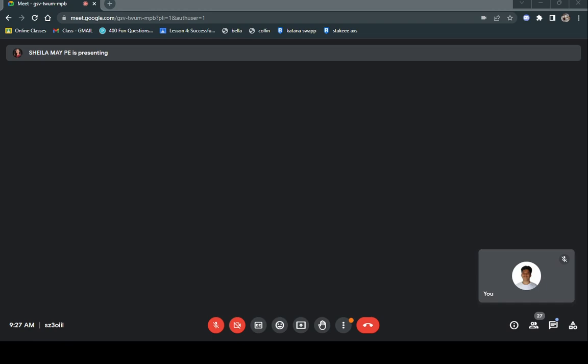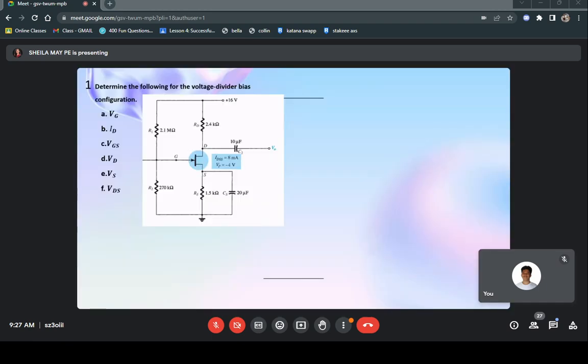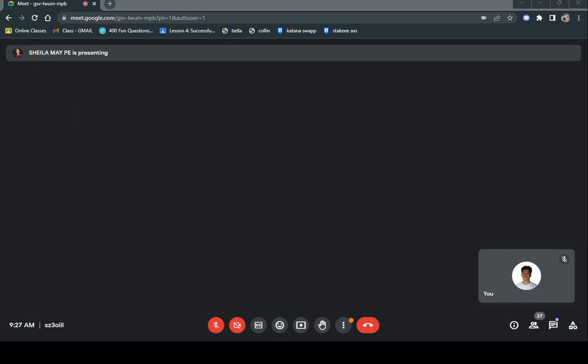So in order for us to be familiar on how to use the formula, same drill, determine the following for the voltage divider bias configuration. So we need to find VG first. The formula of VG is R2 VDD divided by R1 plus R2, right?